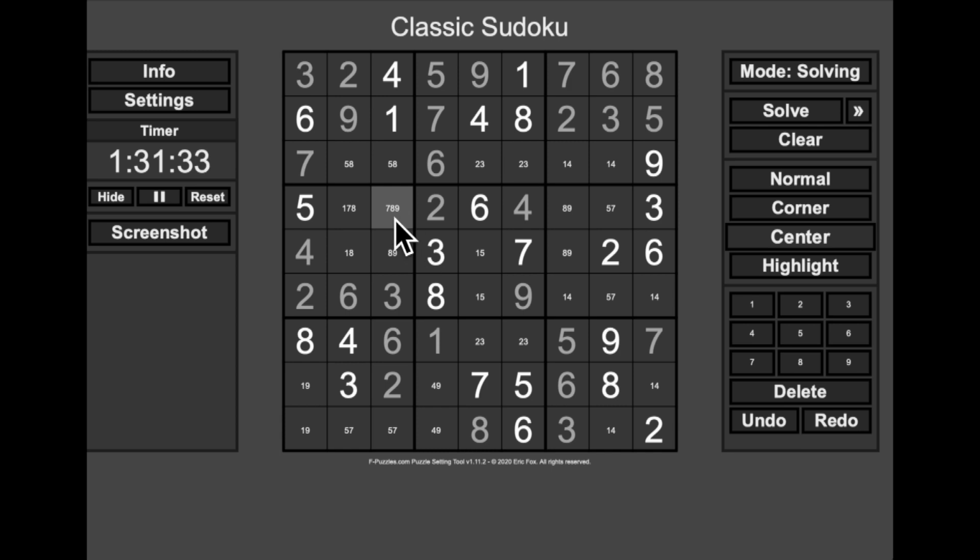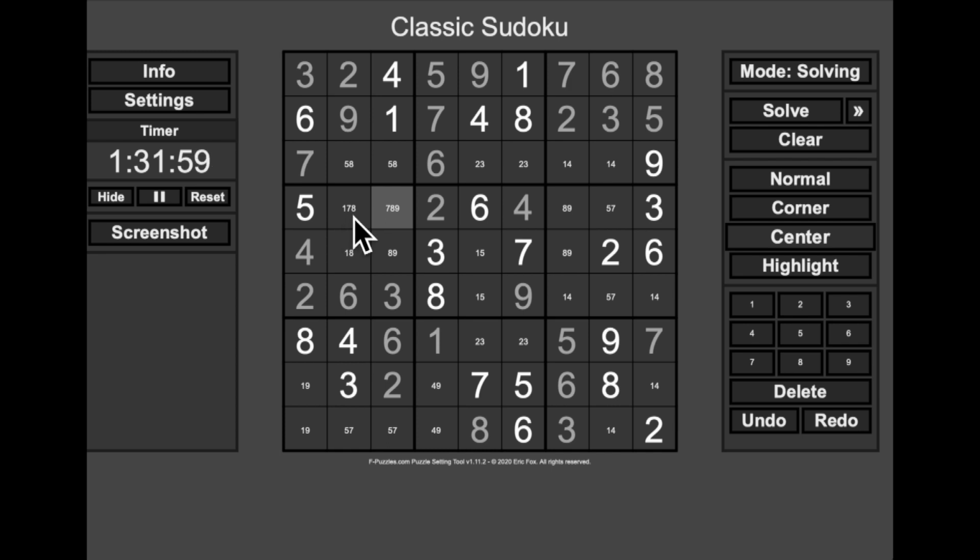This is 7. This is 1 or 8. 5, 7, 5, 1. That might work. This is 1.